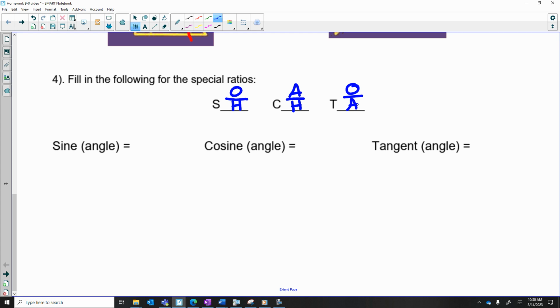Sine is O over H, which really means opposite over hypotenuse. Cosine is A over H, which really means adjacent over hypotenuse. And tangent is opposite over adjacent. So SOHCAHTOA is the way that you can remember the ratio of the sides to the given angle.